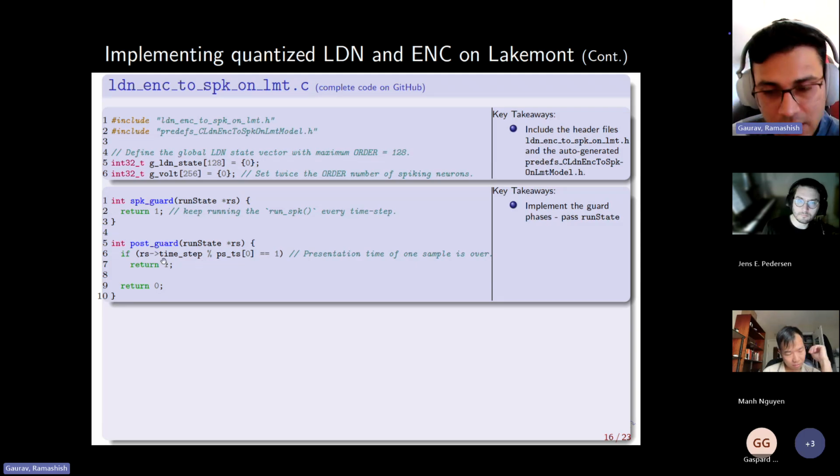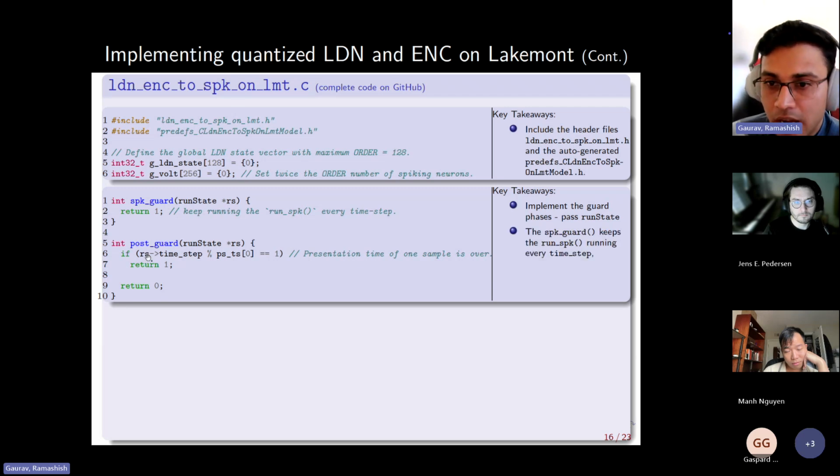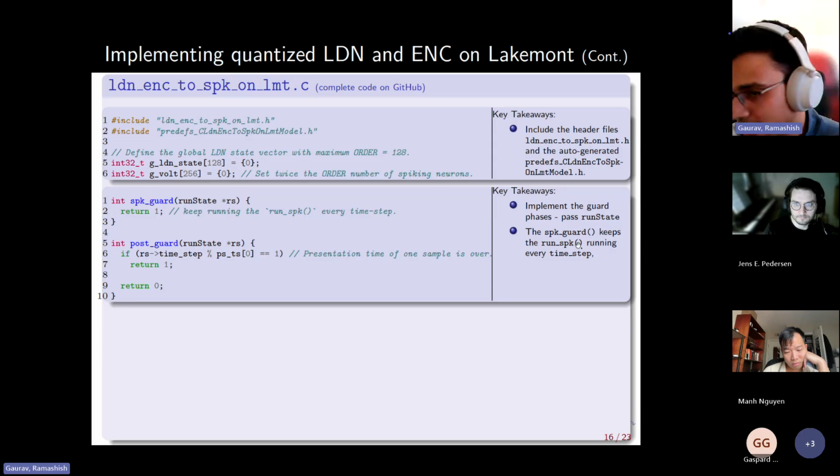So you can access the execution time step of Lava processes running on the Lakemont cores or the Neuro cores using the time step attribute of this run state pointer. And the SPK guard here is returning one every time step, because you want the run SPKs to execute every time step.